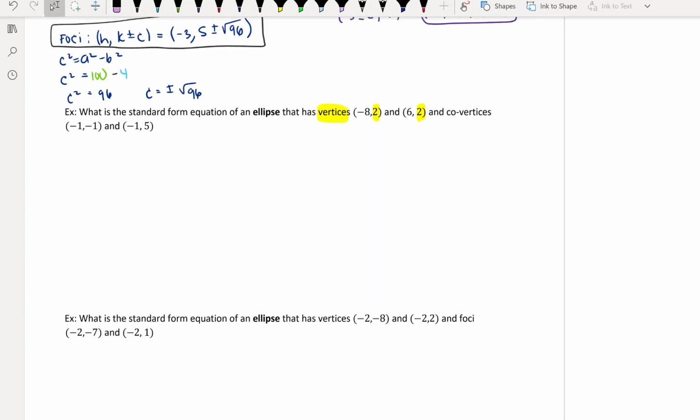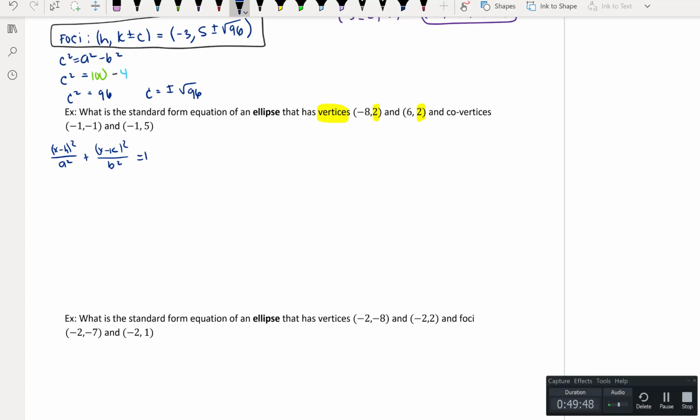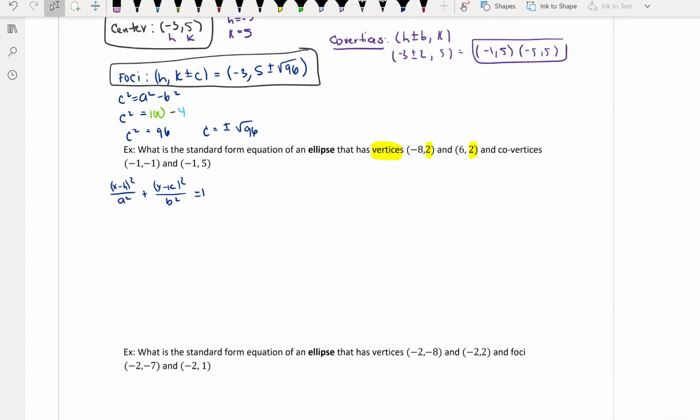I know that the general form is going to be (x minus h) squared over a squared plus (y minus k) squared over b squared equal to 1. That really helps me figure out what the general form is going to be. So now that I have the general formula, I have a lot of good information here.